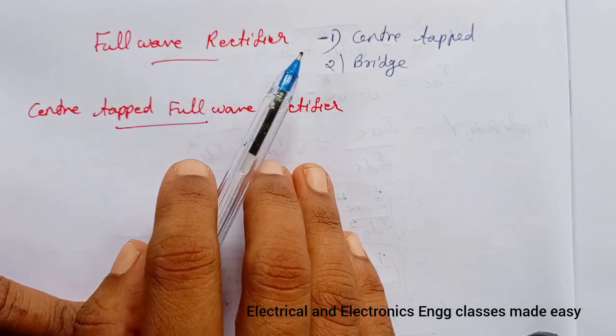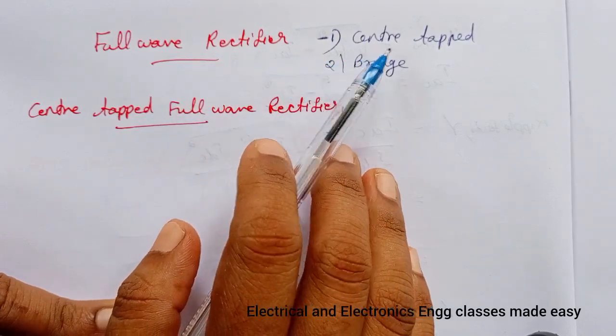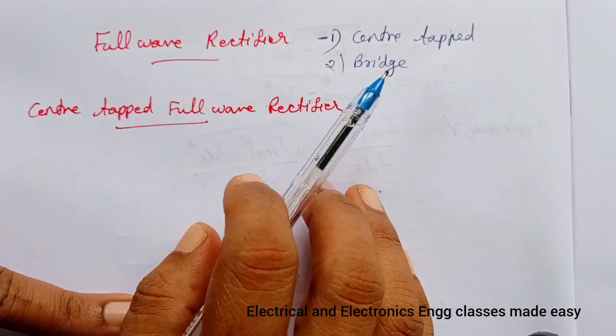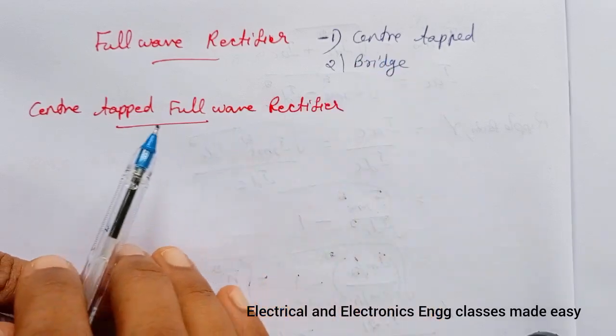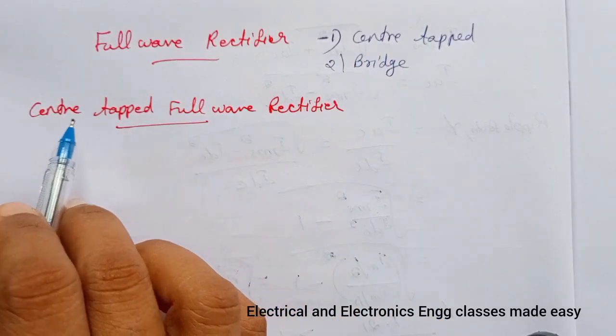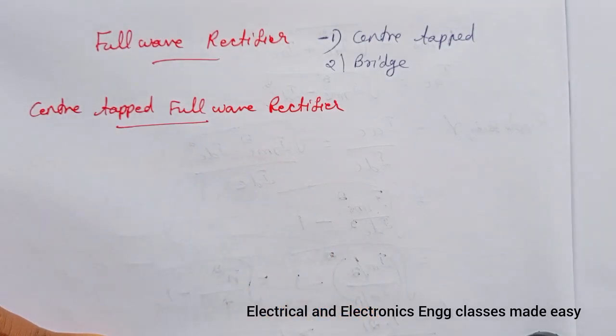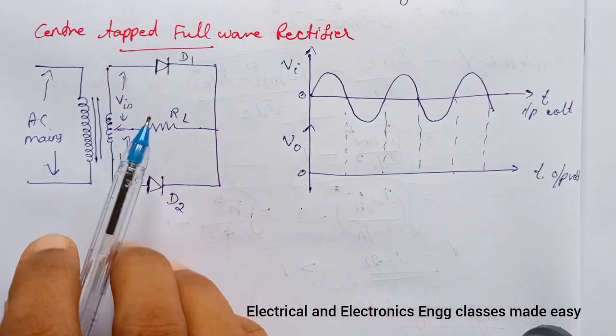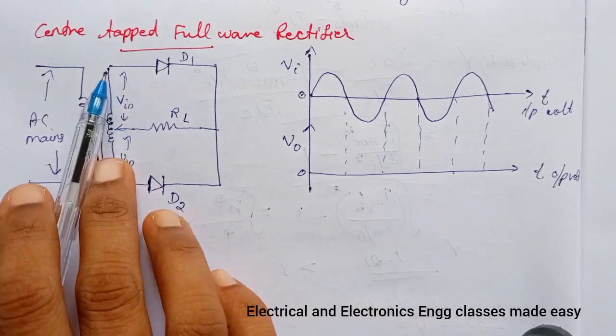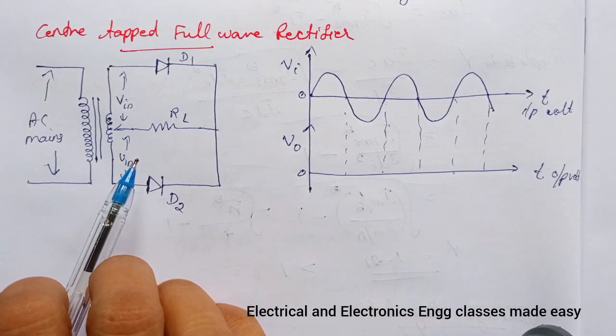Full wave rectifiers are of two types, center tapped rectifier and bridge rectifier. First of all, let us study the center tapped full wave rectifier. This is the circuit diagram of a center tapped full wave rectifier.